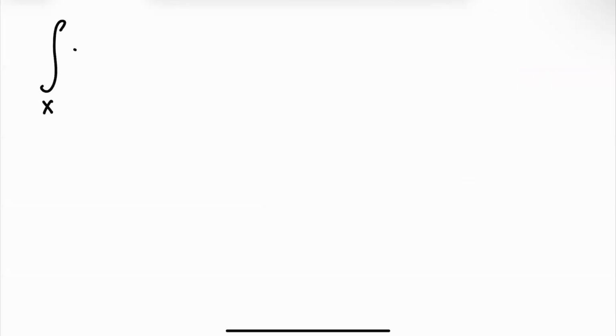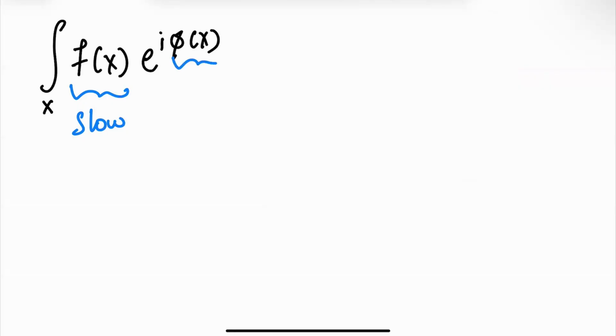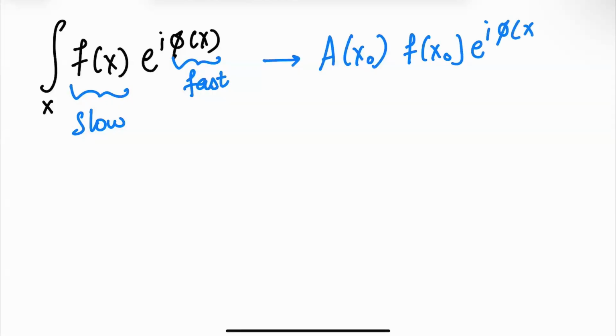If I have an integral that looks like this, f of x e to the i times phi of x, where f is slowly varying and the exponential is fast, then you can approximate this as some coefficient times the actual function only at x naught, where the derivative of phi at x naught goes to 0.